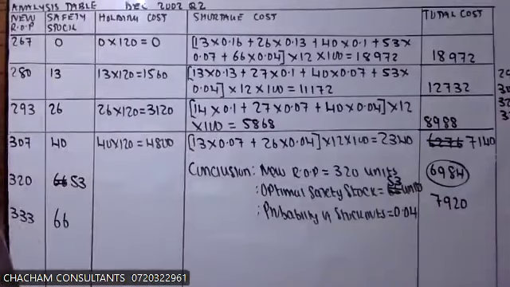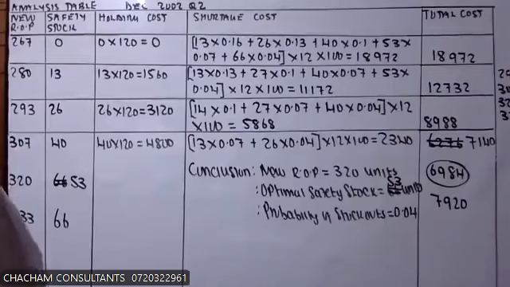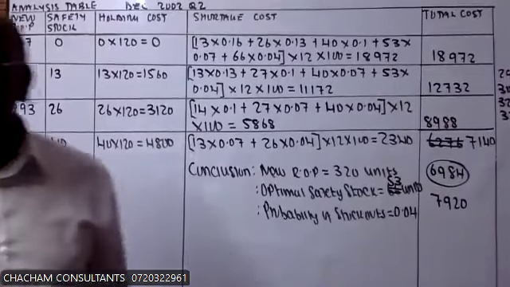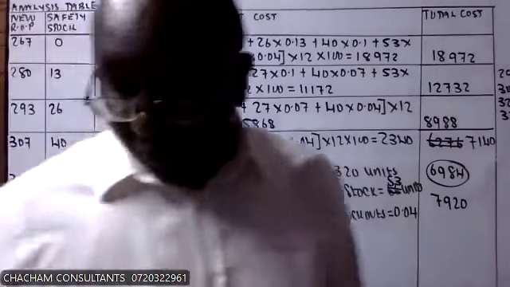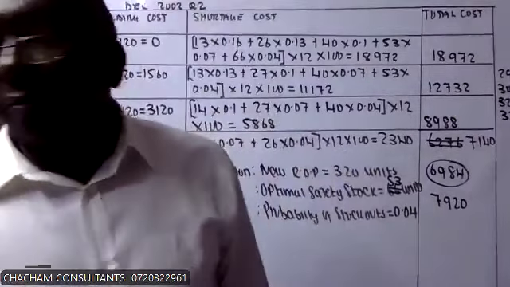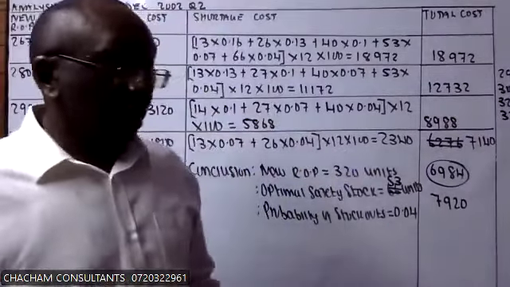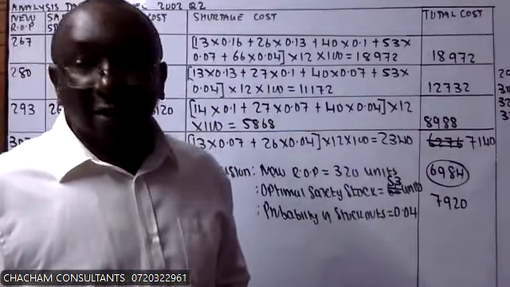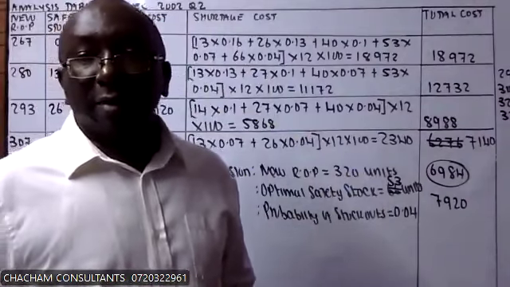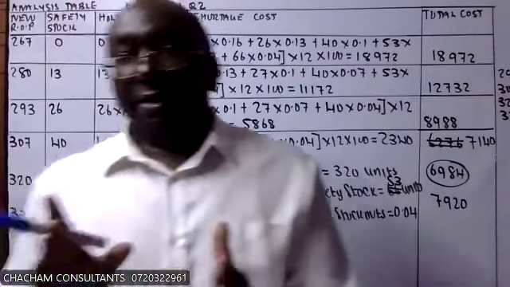So nafikiria hiyo habari ni mzuri. Ama hakuna swali. I was really looking for a question. I know it is somewhere. Sija manage kuiona. Maybe utaiona tu baadaye. Hiyo swali nayo imepeana daily demand.